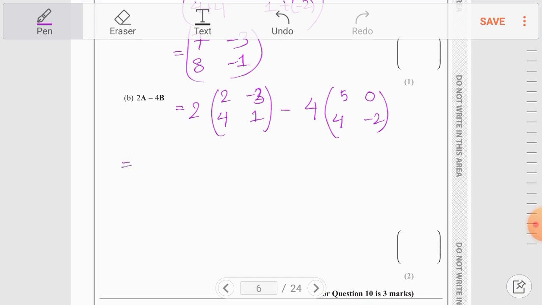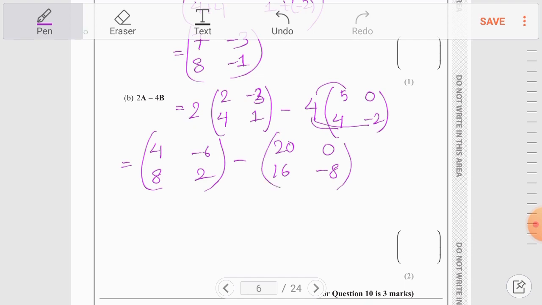If you multiply, it would be 2 into 2, 4, 2 into 3, minus 6, 2 into 4, 8, 2 into 1, 2, and 4 into 5, 20, 4 into 0, 0, 4 into 4, 16, 4 into 2, minus 8.